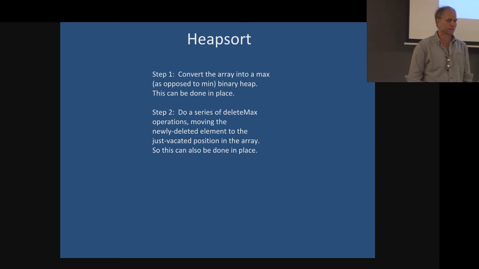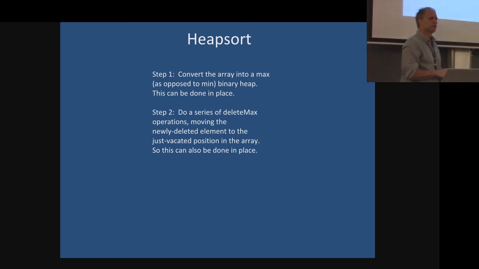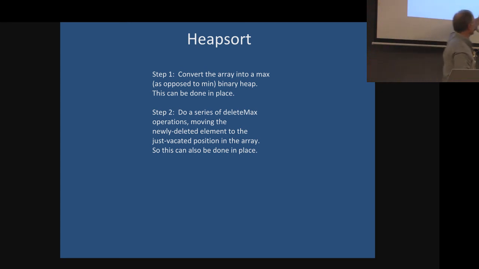And what's nice is that when your binary heap is full, you've got an array full of things. Now, typically for heap sort, you do a max heap, not a min heap. What would happen when you did the first delete max? It creates an empty spot at the end of the array. That's where you can put the max element, right at the end of the array where it belongs in the sorted one.